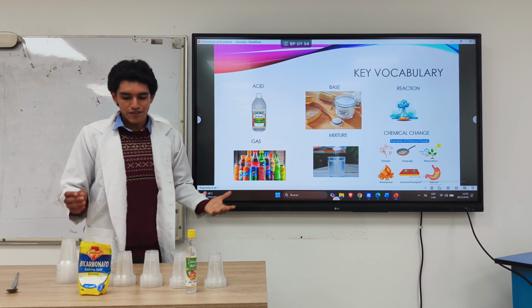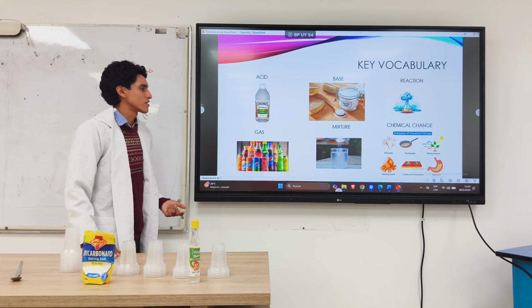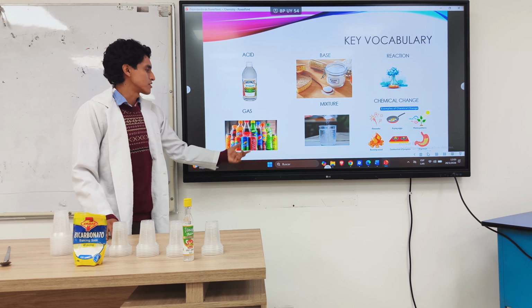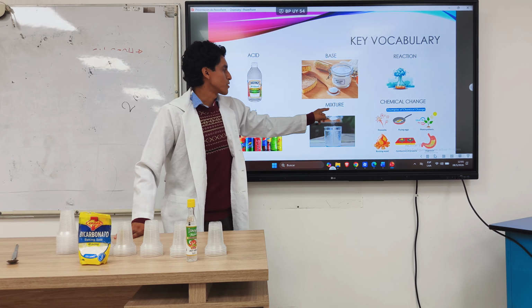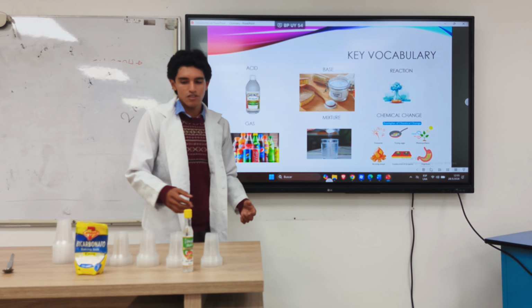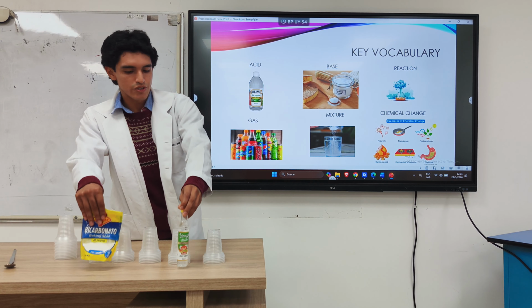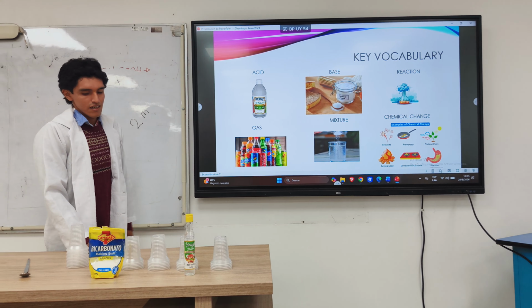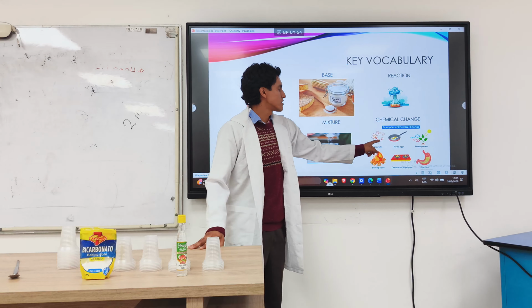As a result of this reaction, we can get gas. Gas is like everything that is in the air, like carbon dioxide and also oxygen, like the gas we have in sodas. And also we can go to the mixture. The mixture is basically the action of joining these two materials. And when we talk about chemical change, we can see an example.